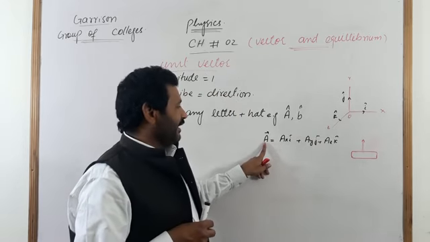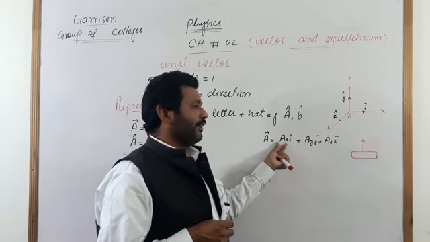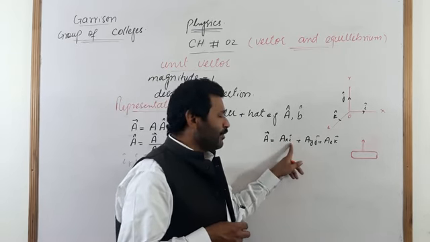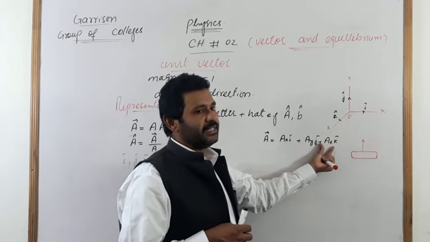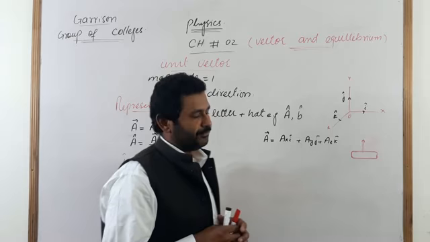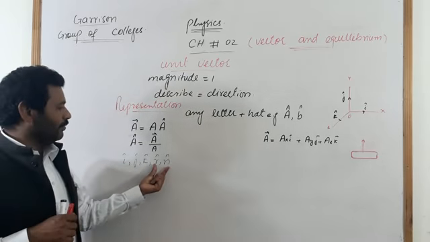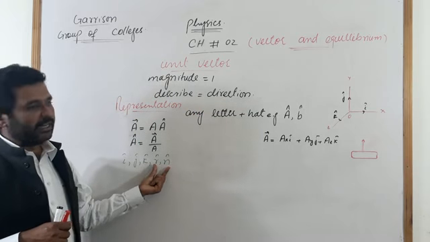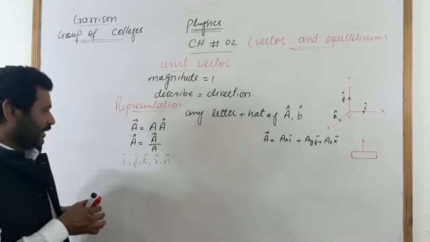This is a complete vector A. AX is the magnitude of its x component, with I unit vector as its direction, plus AY J unit vector plus AZ K unit vector. The other two frequently used unit vectors are R and N unit vector.